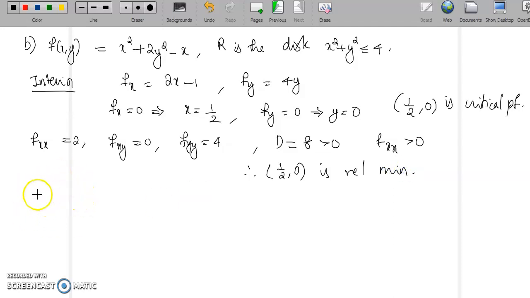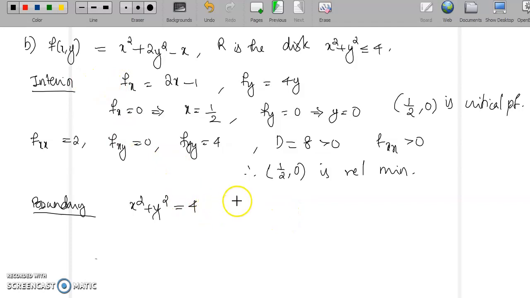Now let us look at the boundary. On the boundary we have x square plus y square equal to 4.